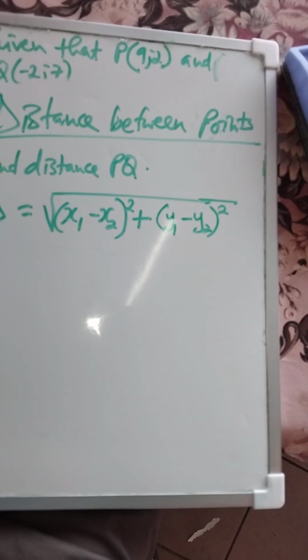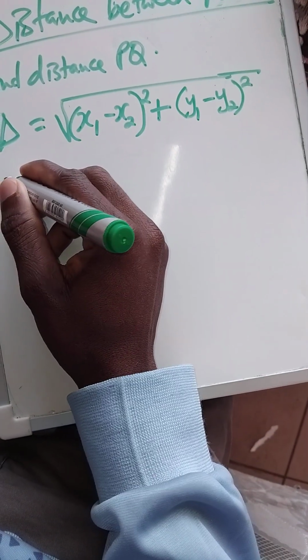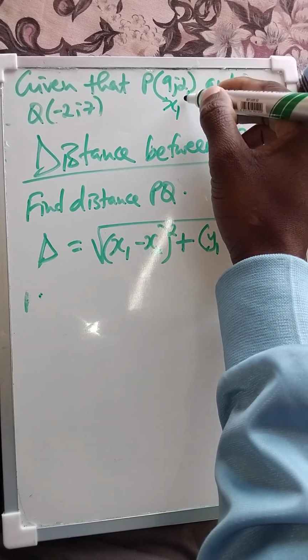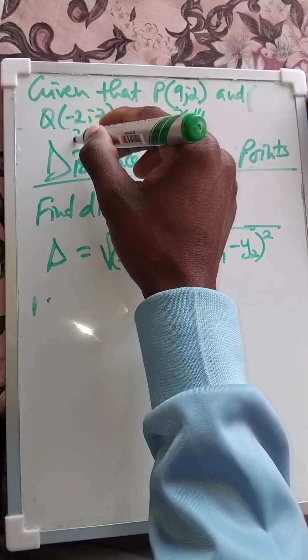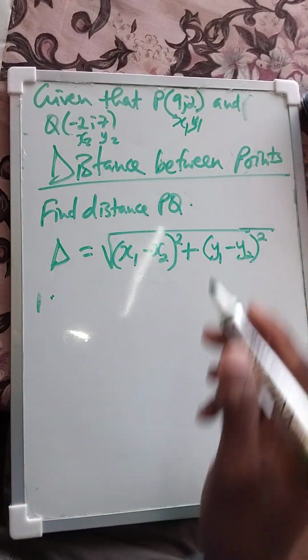That's our distance. And we know what x1 is, this is x1, y1, then x2, y2, as we did with gradient.